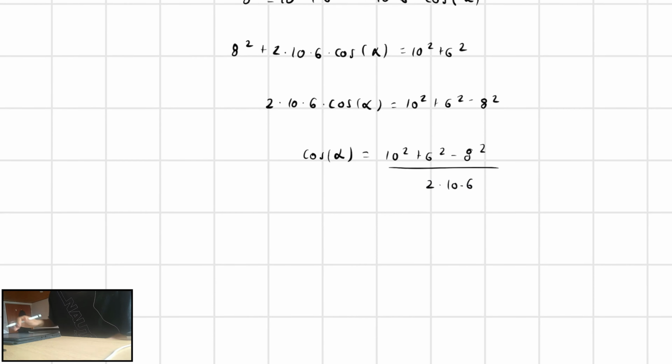The cosine of alpha is going to be equal to 10 squared plus 6 squared minus 8 squared divided by 2 times 10 times 6. Finally, the angle is going to be equal to the cosine to the minus 1 of 10 squared plus 6 squared minus 8 squared divided by 2 times 10 times 6.